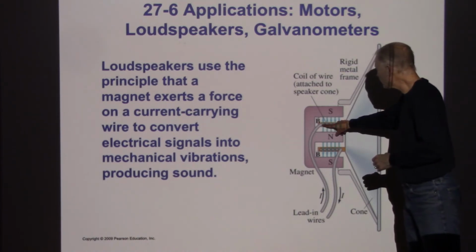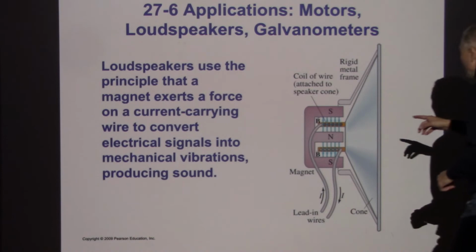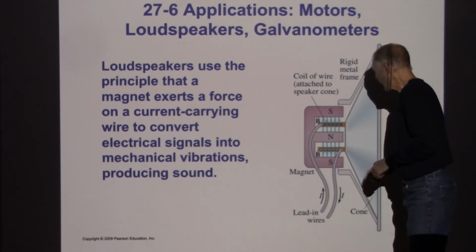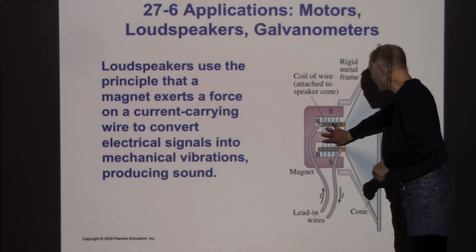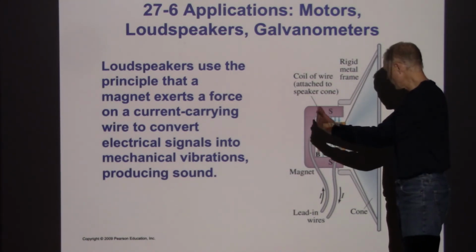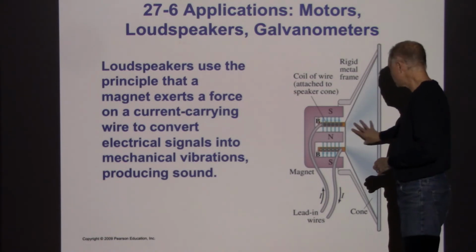Now when the current comes in and loops around, they're showing these as a series of current loops. If a current comes in, it'll be passing through a magnetic field, and that will cause, depending on the direction of the current, the speaker diaphragm to get pulled closer or pushed away.